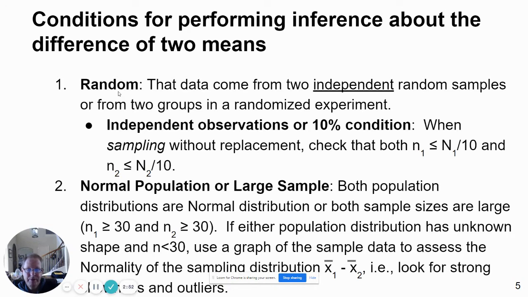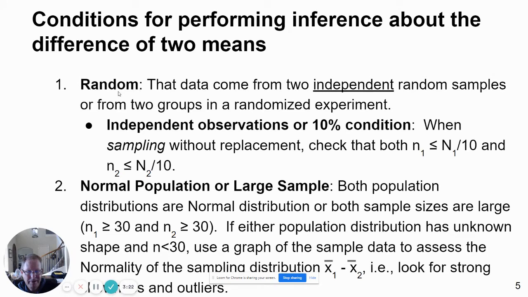If either the population distribution has an unknown shape or the sample size is less than 30, then we expect you to draw a graph of that sample data to assess the normality of the parent population from which it came. Now, in this case, when you draw your sample, you're going to look for strong skewness and outliers. If you see either strong skewness or outliers, then do not use the t procedure. If you don't see them, then you are okay to proceed with the t procedure.